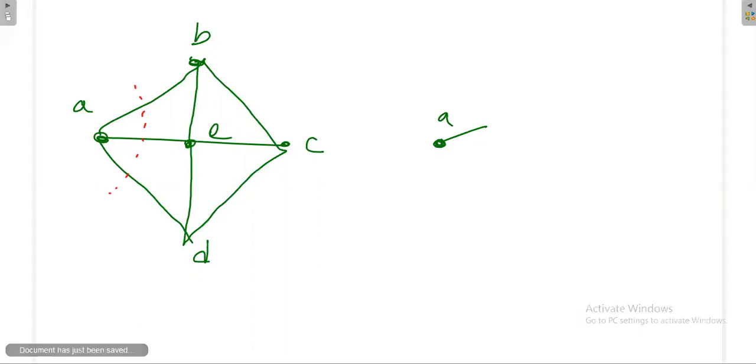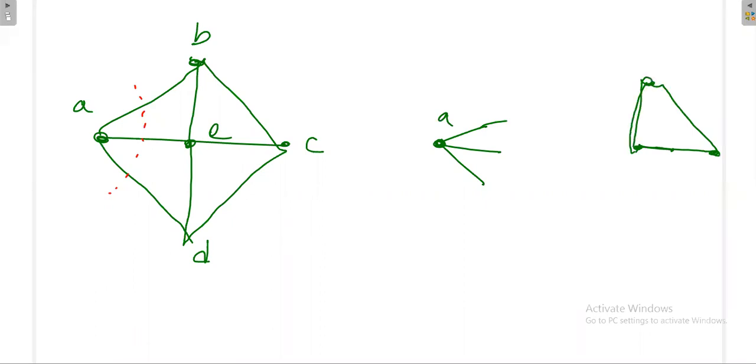It will be something like this, and the rest of the graph will be here.